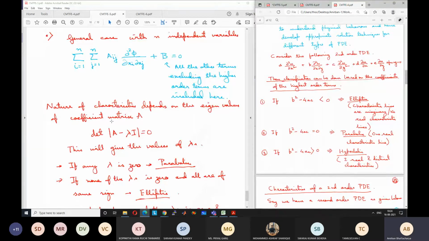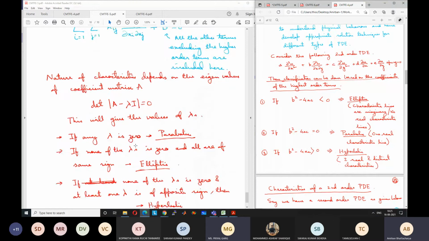The lambdas are the eigenvalues, and by solving this equation we can find them. How many eigenvalues will there be? Same as the number of independent variables. Correct, in this case it is n.